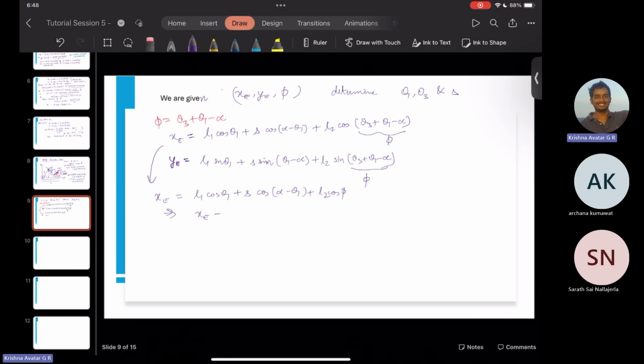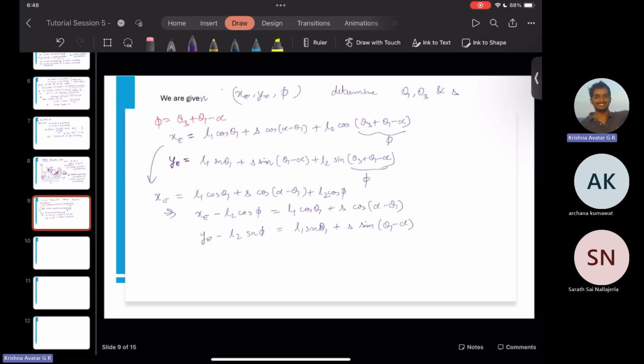So XE minus L2 cosine phi is equal to L1 cosine theta 1 plus S into cosine alpha minus theta 1, and likewise YE minus L2 sine phi is equal to L1 sine theta 1 plus S into sine theta 1 minus alpha.